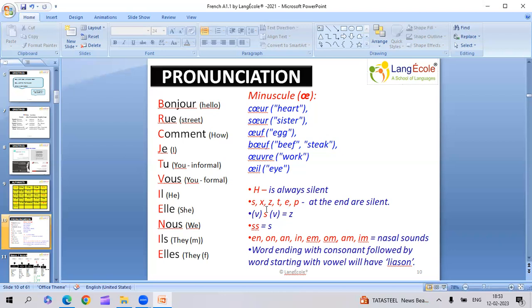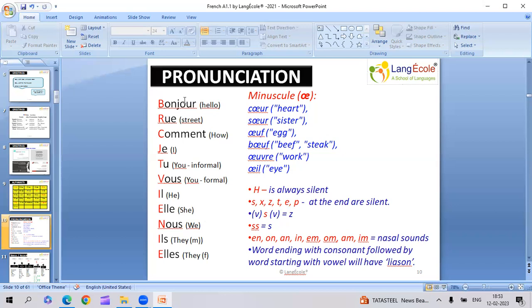When S is between two vowels, it will sound as Z. And when S is double, then it is always pronounced as S. There is no Z sound like that. Never. Whether it is surrounded by two vowels or not doesn't matter. Got it?